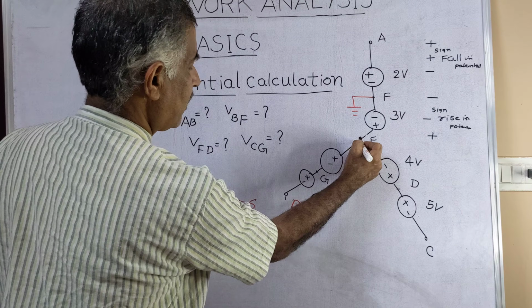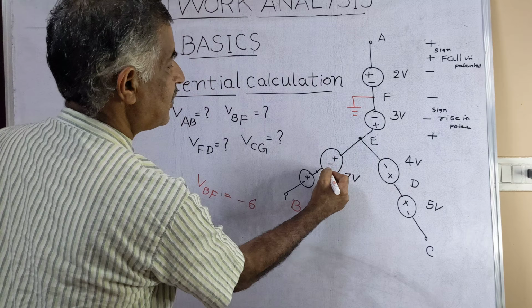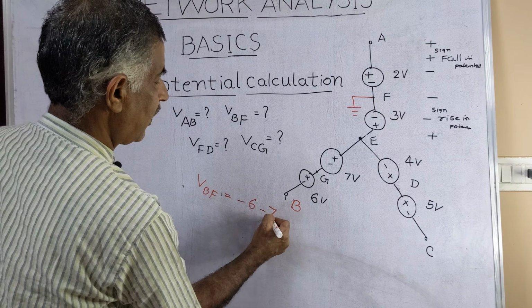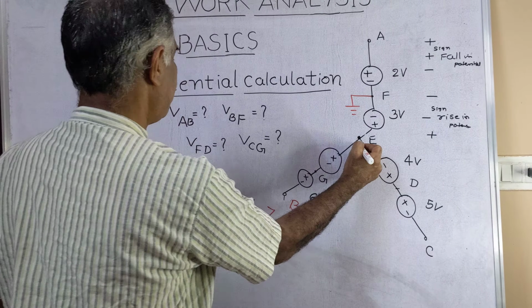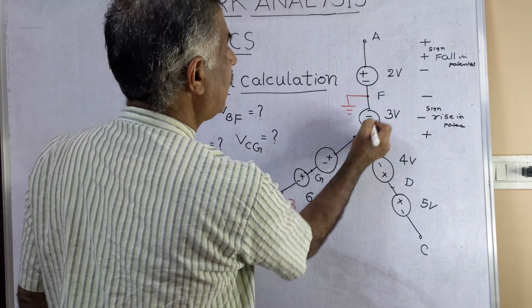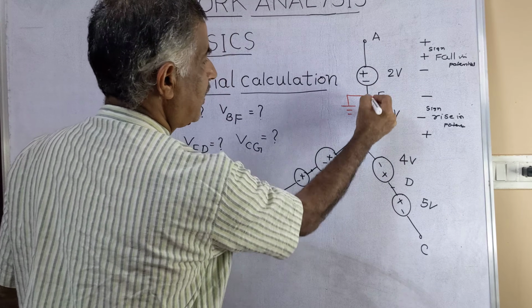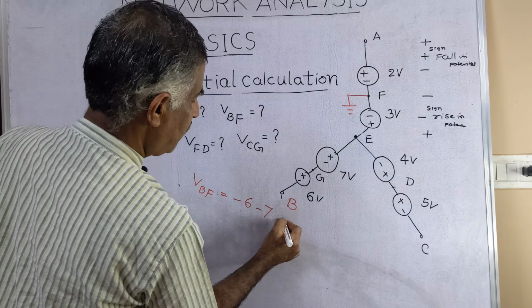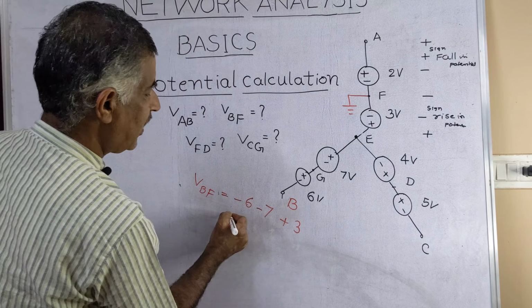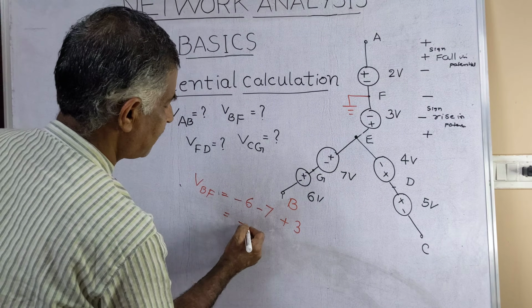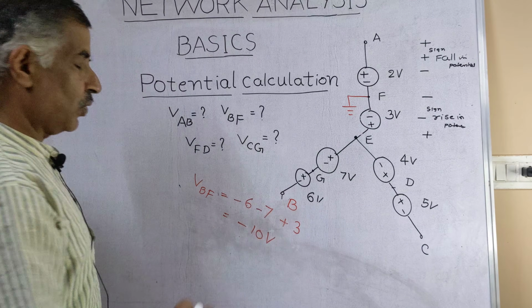From G to E, once again rise in potential, minus 7. Next, from E to F, F is ground, that is fall in potential, plus 3. So minus 13 plus 3, that is minus 10 volts.